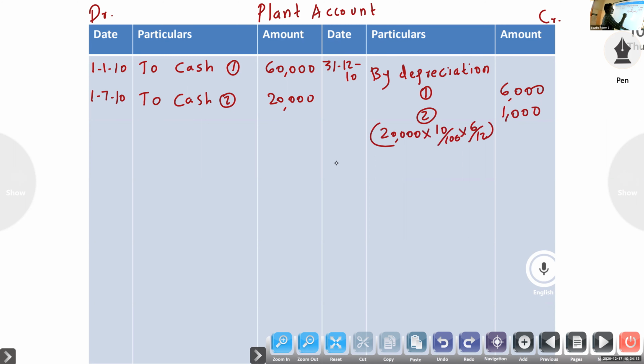Next, by balance c/d: machinery 1, 60,000 minus 6,000, 54,000. Second one 20,000 minus 1,000, 19,000.